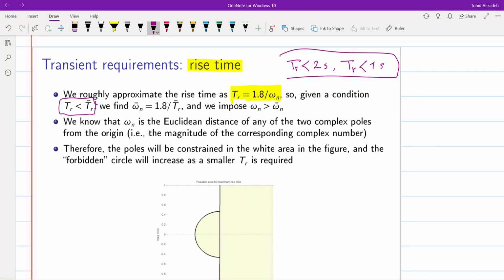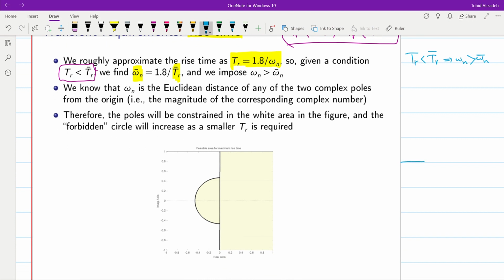Okay, the requirement is usually in this form for the rise time. On the other hand, we can find the omega n bar, which corresponds to the TR bar, as 1.8 over TR bar. And since we want to have TR smaller than TR bar, this means that omega n should be bigger than omega n bar.